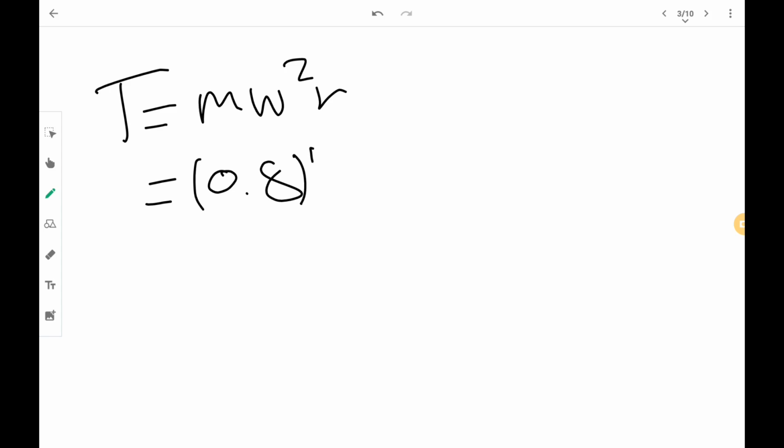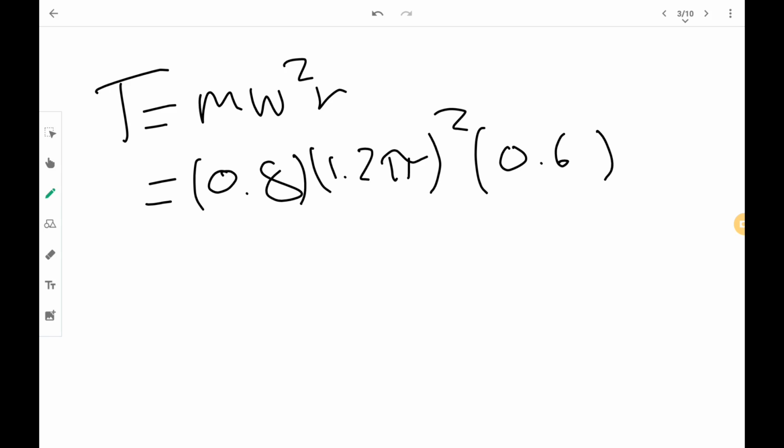After that, you use T equals the mass times omega squared r, which is 0.8 kilograms, omega is 1.2 pi squared, and r is 0.6. You'll get 6.82 newtons.